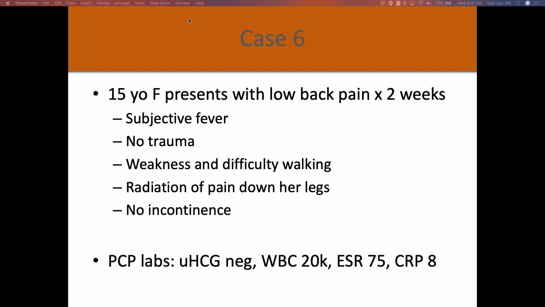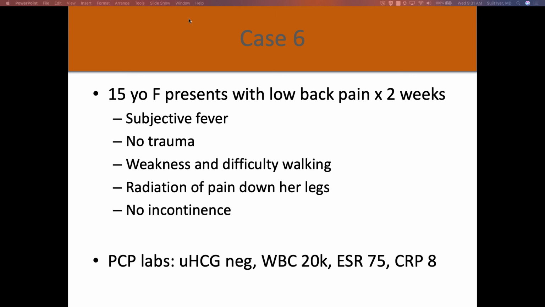Okay. And last case, so a 15-year-old female presents with low back pain for about 2 weeks, subjective fever, no trauma, weakness and difficulty walking, pain that radiates down her legs, no incontinence. She's been seen by her PCP, and these are the labs that they got.